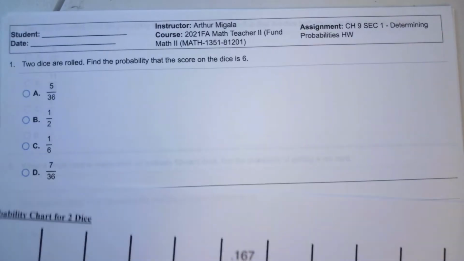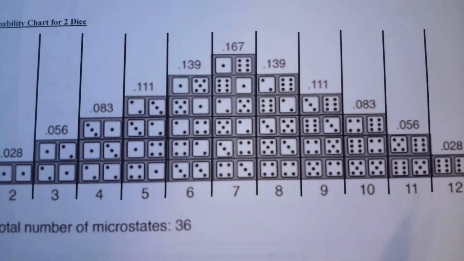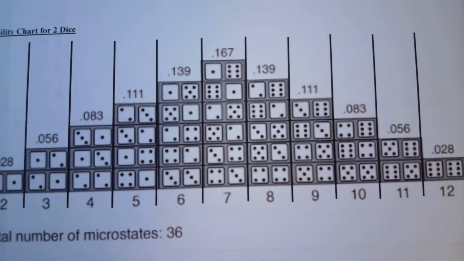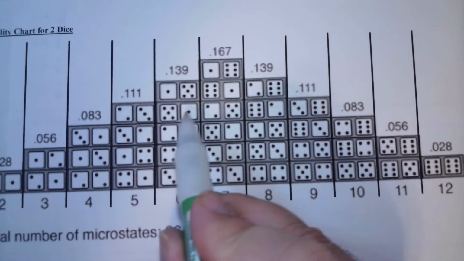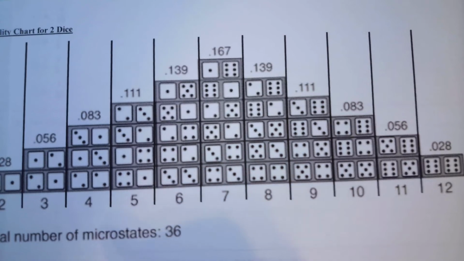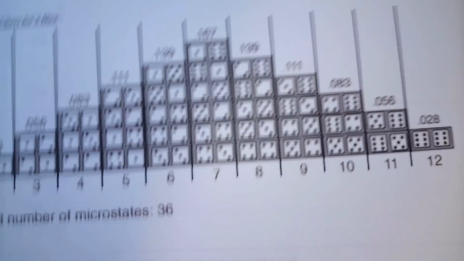So our question is asking, you roll 2 dice, and what's the probability of getting a 6? So how many ways are there of getting a 6? 3 and 3, 4 and 2, 2 and 4. There's 1, 2, 3, 4, 5. There are 36 possible combinations, so it's 5 over 36.